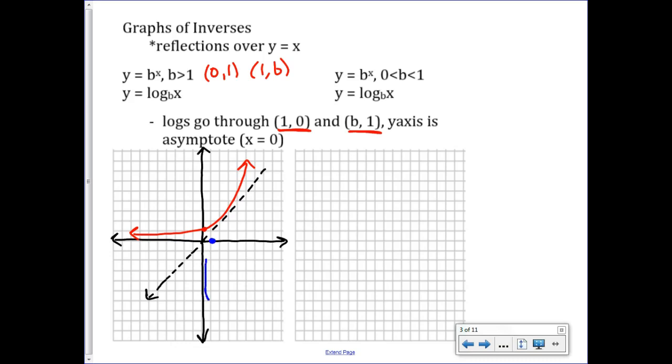So it goes like this. It just reflects. All of those points are flipped. Notice we have a vertical asymptote here at x equals 0, so I didn't cross that y-axis on that inverse.